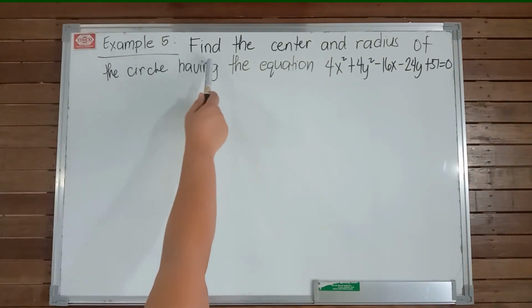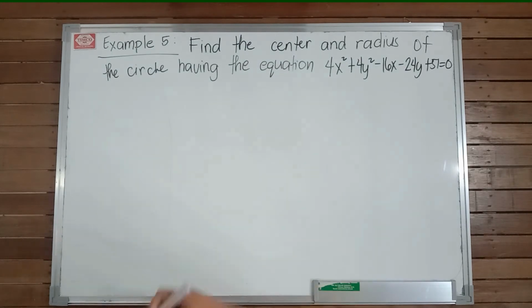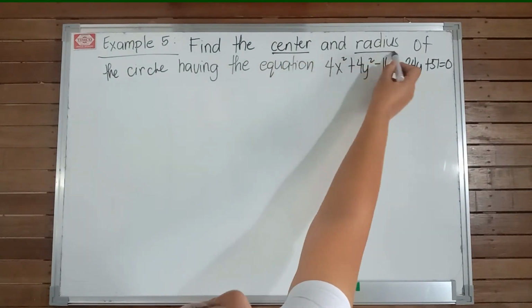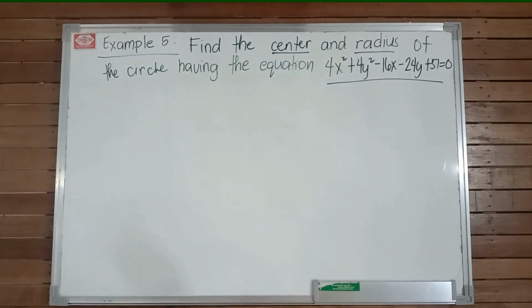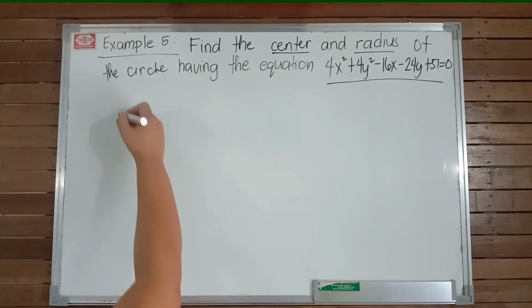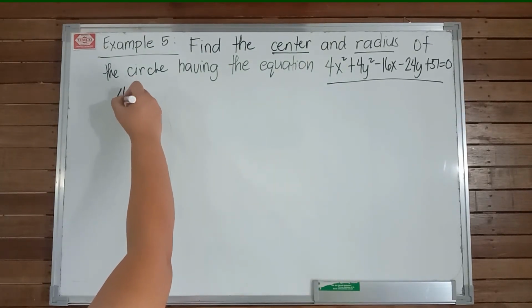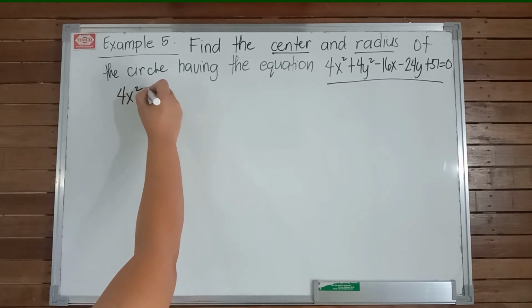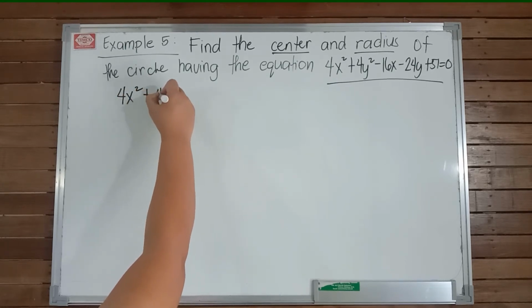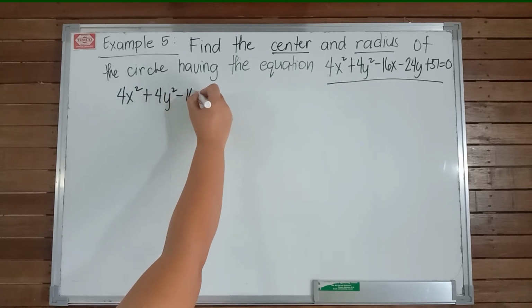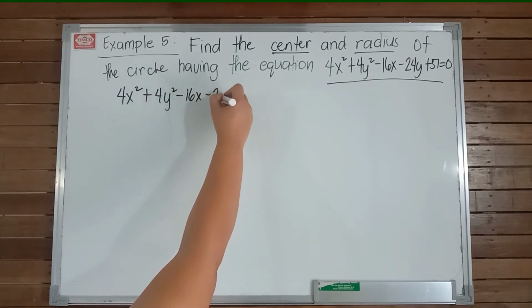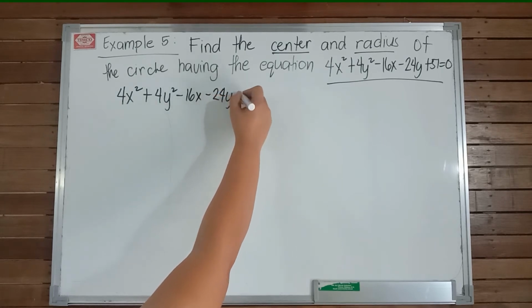For our example 5, find the center and the radius of a circle having the equation 4x squared plus 4y squared minus 16x minus 24y plus 51 equals 0. So, baligtad naman dito. Given yung general form ng circle, hahanapin natin yung center at radius.